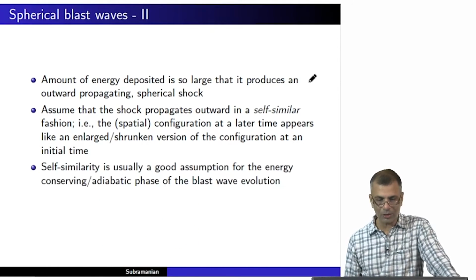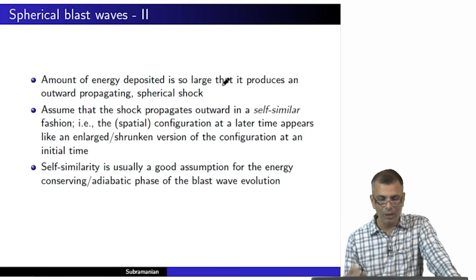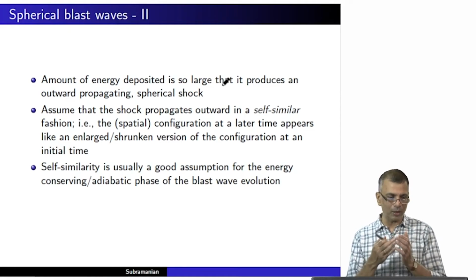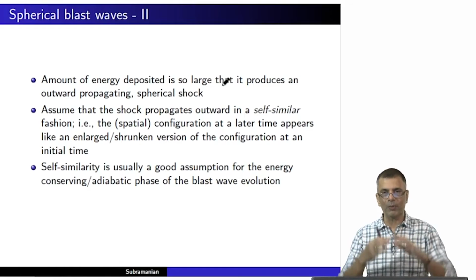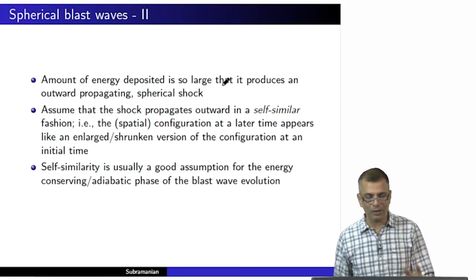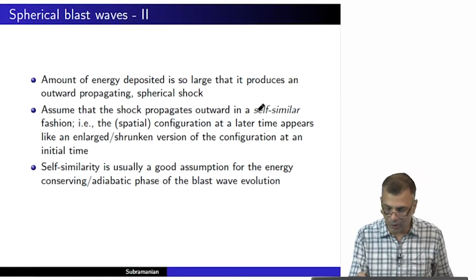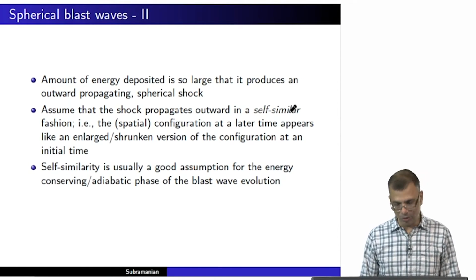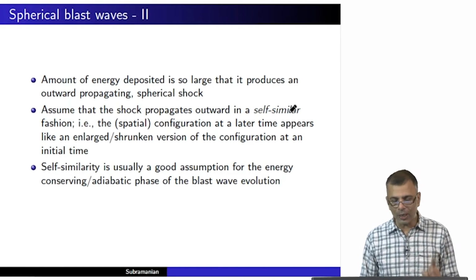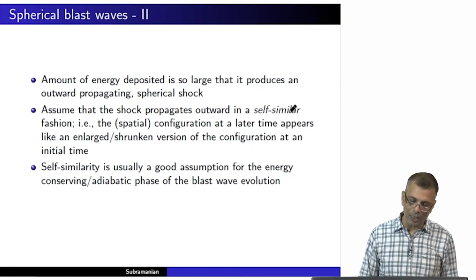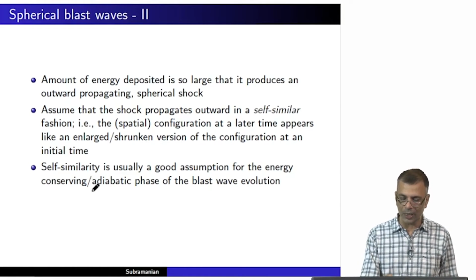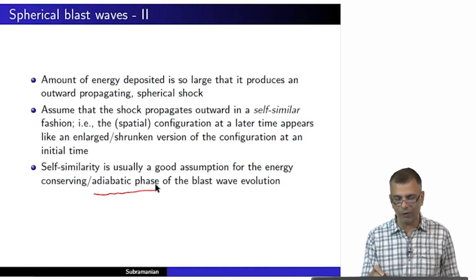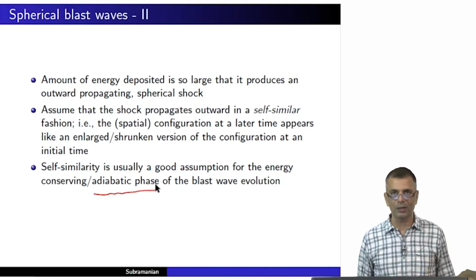One of the central assumptions is that the amount of energy deposited is so large that it leads to shock formation. It leads to the formation of an outward propagating spherical shock. The other assumption is that the shock propagates outward in a self-similar fashion. And self-similarity is usually a good assumption, at least for the energy-conserving phase, what's often called the adiabatic phase of blast wave evolution, and this adiabatic phase is the only phase that we will consider in our analysis.